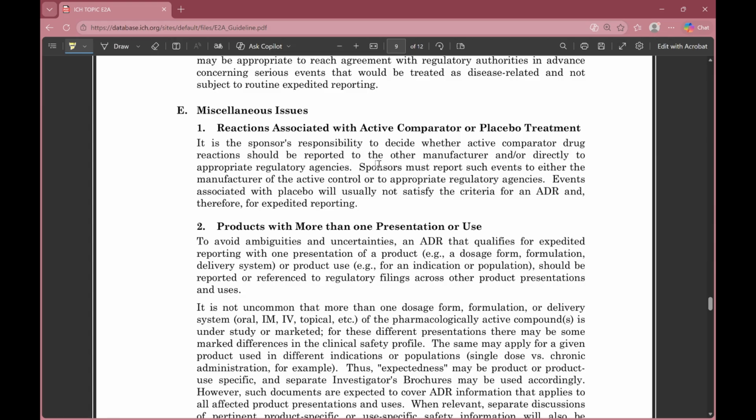And therefore, if an ADR happens with the active comparator, like another real drug if given, then the sponsor must report it either to the manufacturer of the drug or to the regulatory authority, which is stated here.